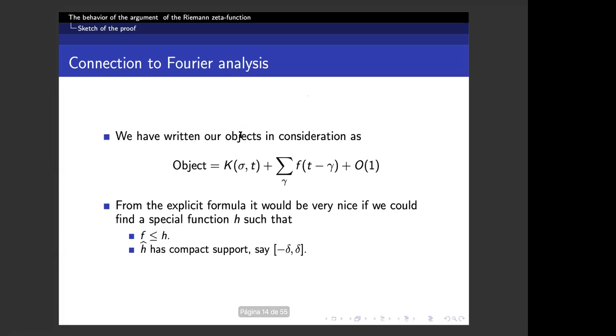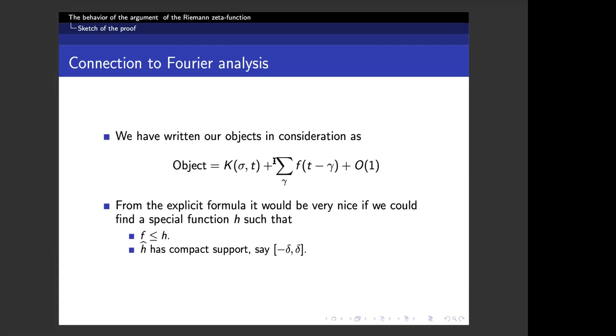So what is the problem exactly? We have an object S minus or S1. We have this representation: this object is some function plus a certain sum of f at t minus gamma plus the error term.